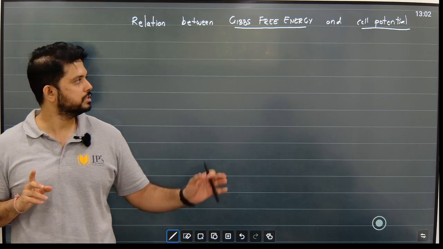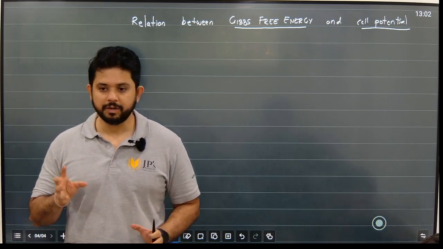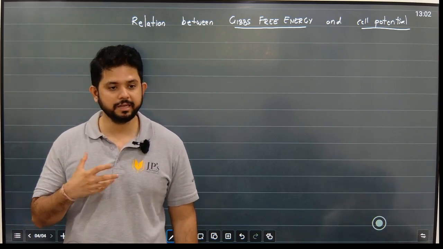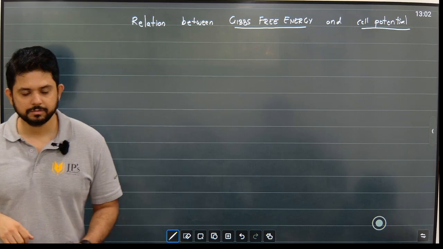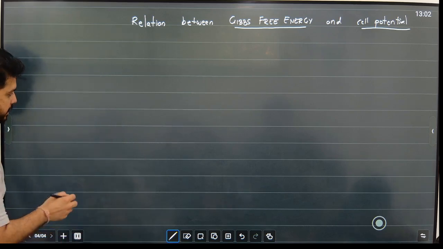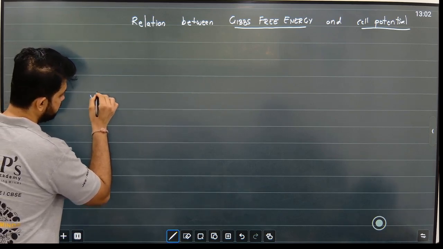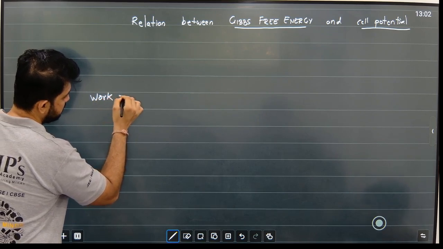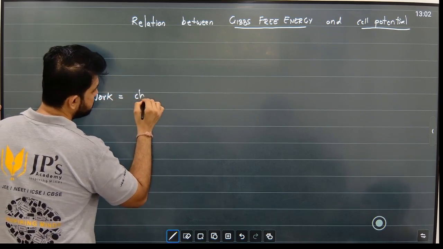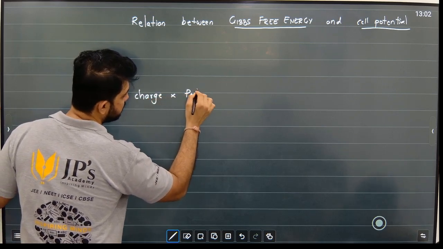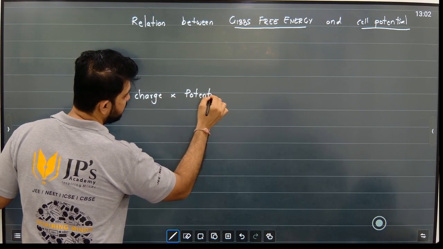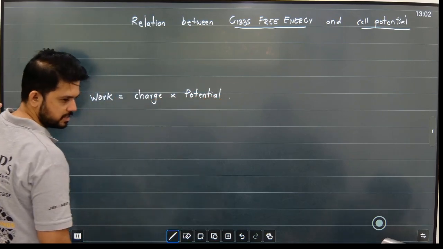Now we can use the same concept, but here the work done will be electrical work. Now I think physics में हमने किया है, electrical work will be charge into potential. People किया है ये in physics.